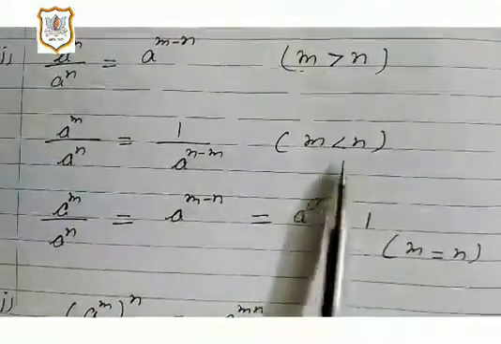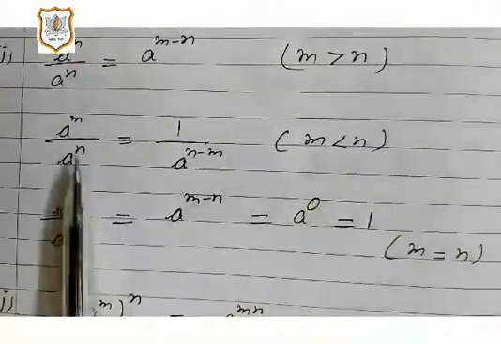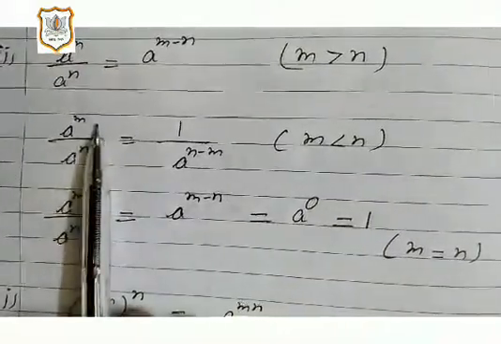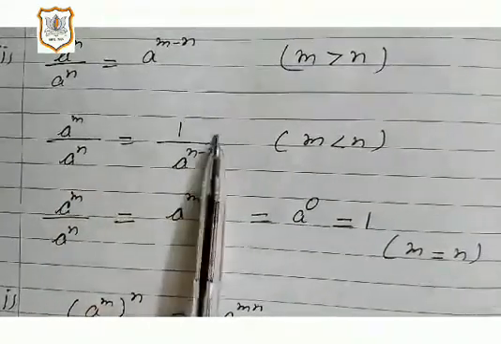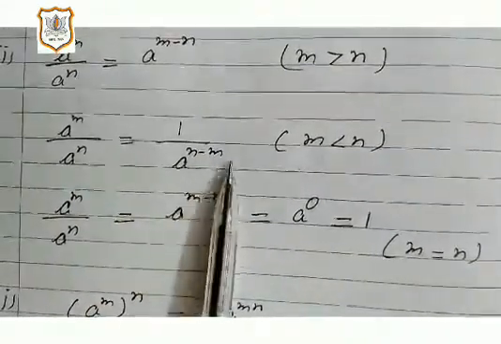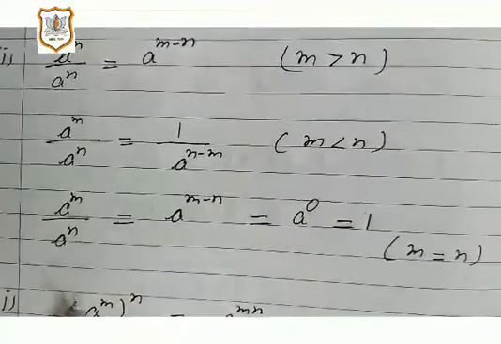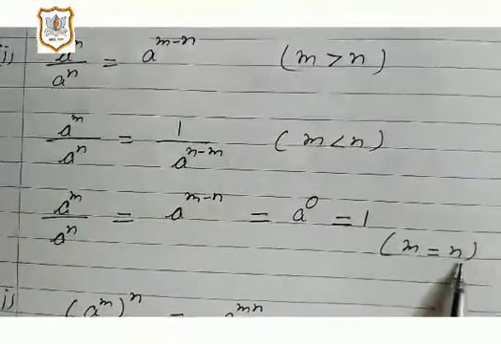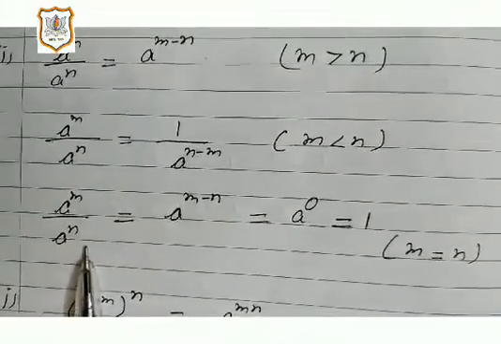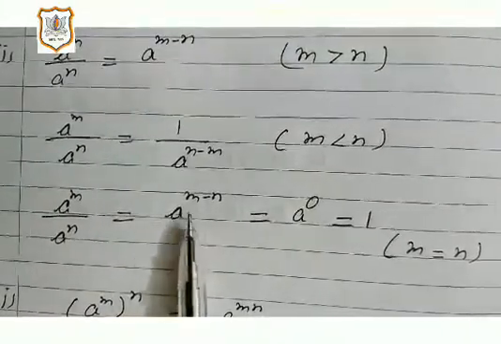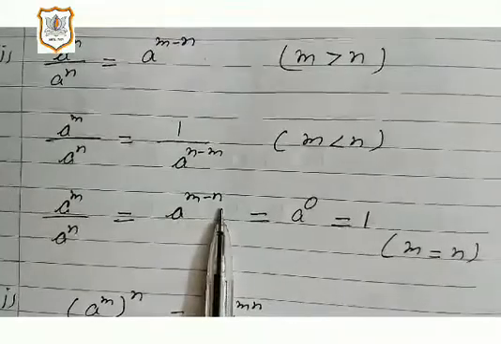If m is less than n, then a raised to power m upon a raised to power n is equal to 1 upon a raised to power n minus m. If m is equal to n, then a raised to power m upon a raised to power n is equal to a raised to power m minus n.